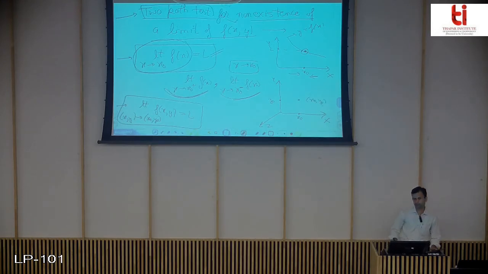Now the point is not on an axis, it is on the plane. So when the point is on the plane, we can approach that point, that is (x, y) tending to (x0, y0). In a single variable, we can approach either from right or from left, because it was on the axis, a line. But now the point is on the plane, an open plane, where you can approach it from any direction, any line, any curve that crosses this point (x0, y0).